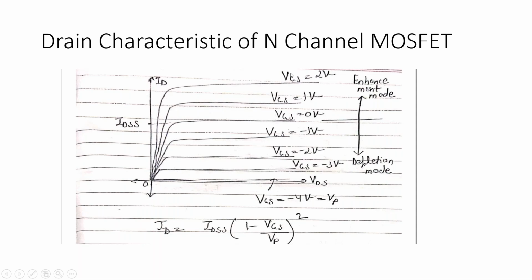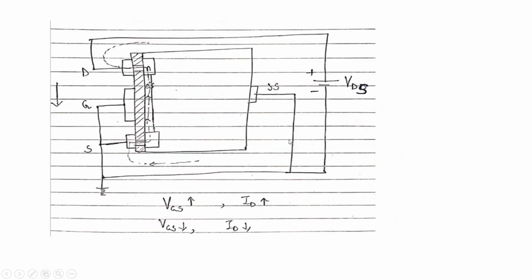Now we will see what will be the effect of VGS. When VGS is 0, the maximum ID is IDSS. When VGS is decreased, meaning when negative gate to source voltage is applied, ID will decrease, because the available free electrons here will decrease.